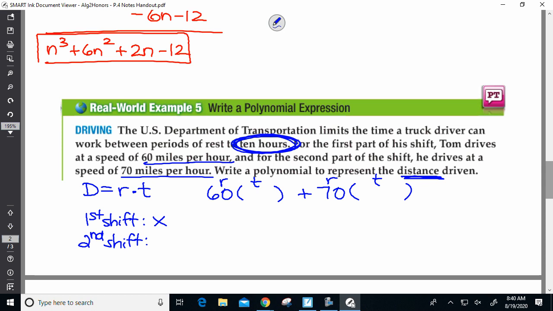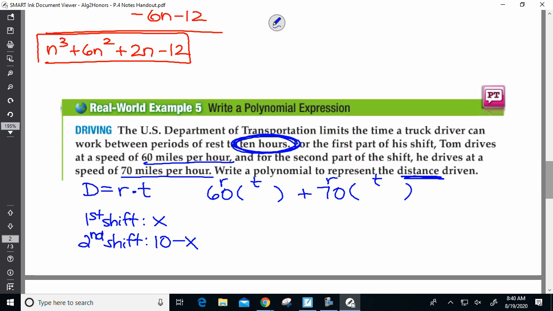So think of this logically. If I worked for 3 hours on the first shift, that means I have to work the other 7 on the second shift. If I work 4 hours on first shift, then I got to work 6 hours second shift. Either way it goes, this has to add up to 10. So if I work x hours on first shift, then I have to work 10 minus x hours on the second shift.